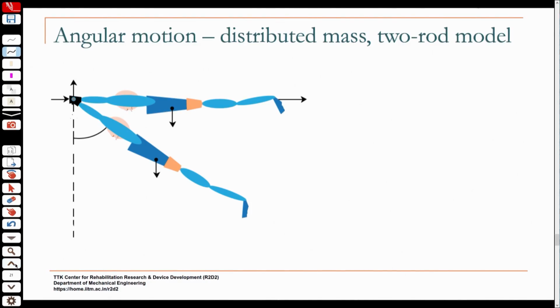We can start off with a simple 2 rod model, modeled as 2 rods with a hinge joint. I want to first know, suppose the person is let go from this horizontal position under the action of gravity, what is going to happen to these 2 rods?